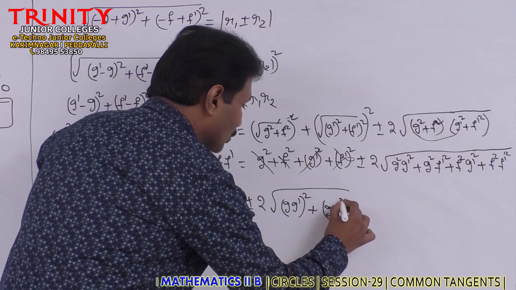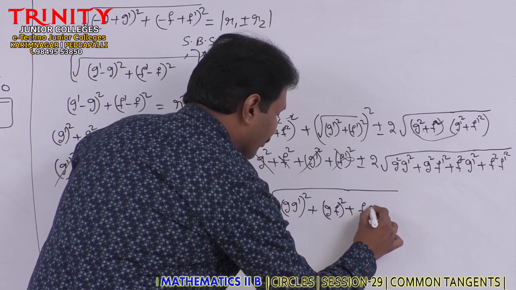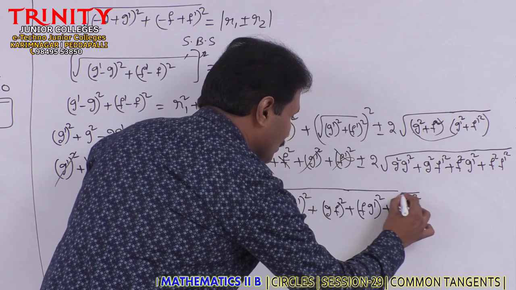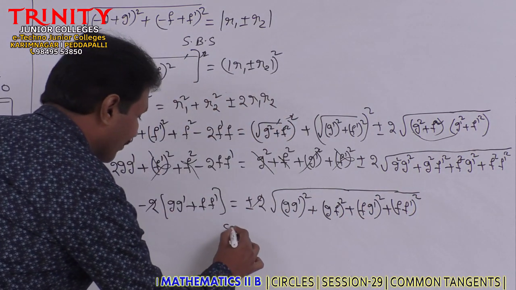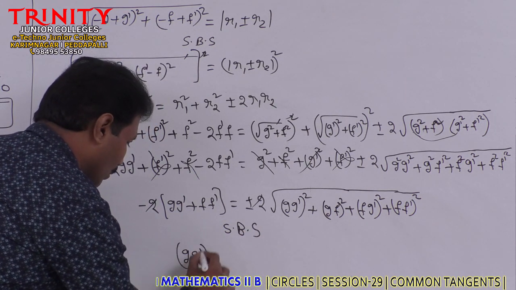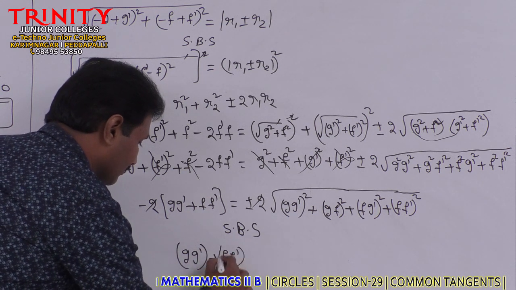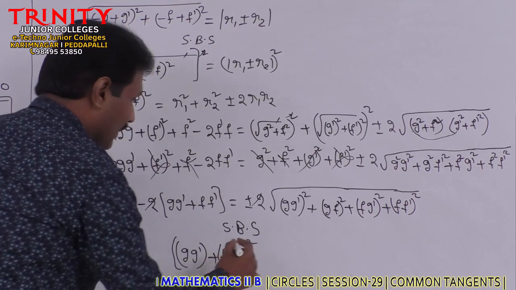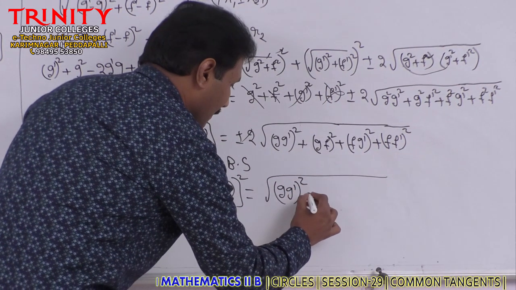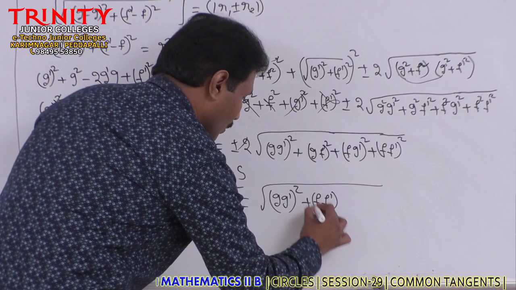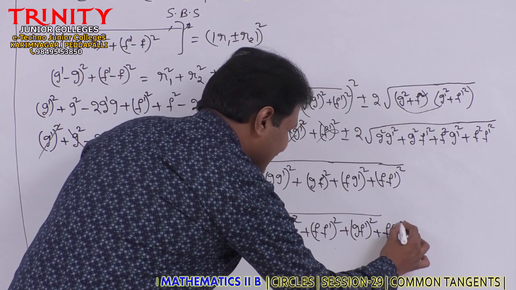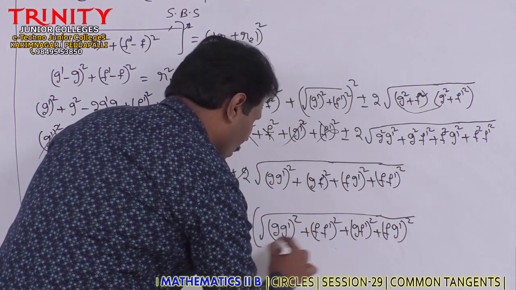f dash whole square plus f g dash whole square plus f dash whole square 2 cancel. Squaring on both sides, therefore g dash whole square plus f dash whole square that equal to square root of g dash whole square plus f dash whole square plus g f dash whole square plus f g dash whole square total whole square.